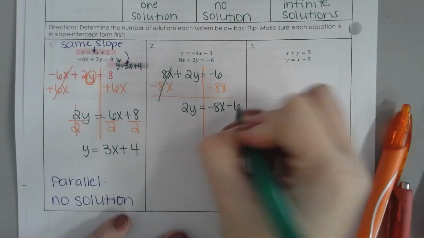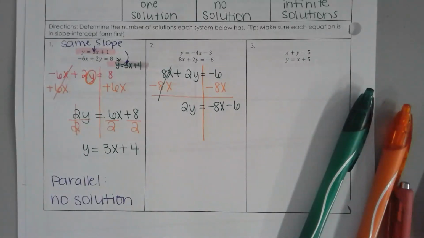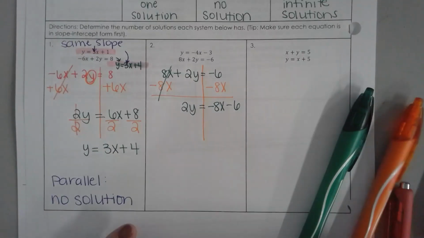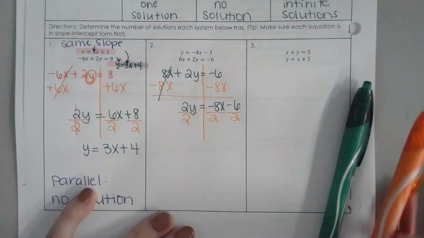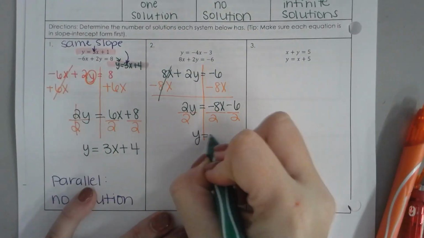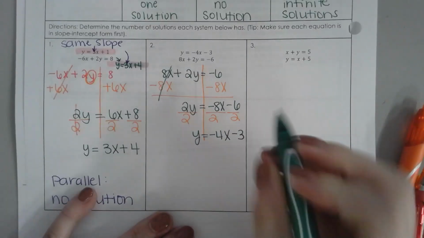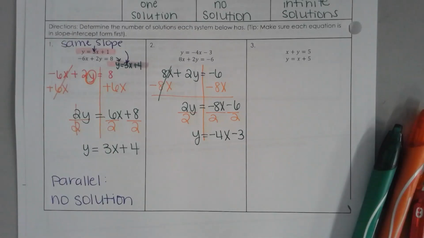I'm going to put the negative 8x first, because in slope-intercept form whatever's with the x comes first. If you put negative 6 minus 8x, that's okay; you just have to remember where the slope is. Then divide by 2, and I get y equals negative 4x minus 3.